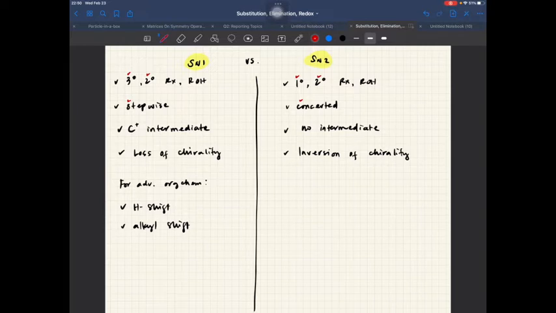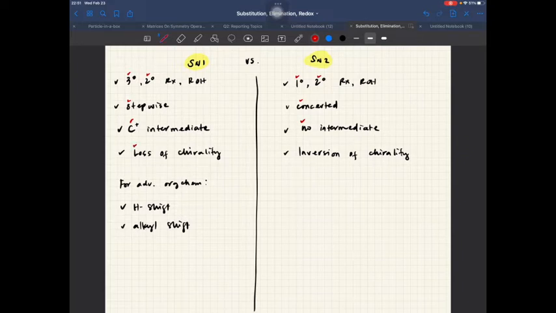Since SN1 is a stepwise reaction, it forms a carbocation intermediate, and since SN2 is concerted, there are no intermediates involved. Another aspect of SN1 reactions is that during the formation of a carbocation intermediate, you will lose chirality.